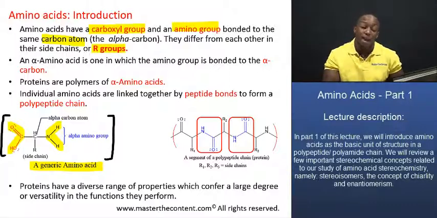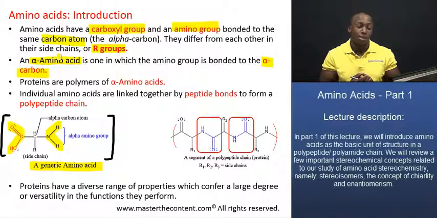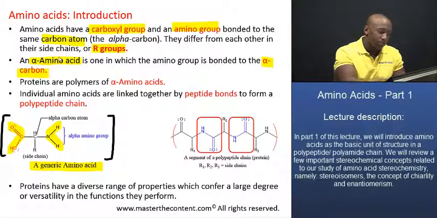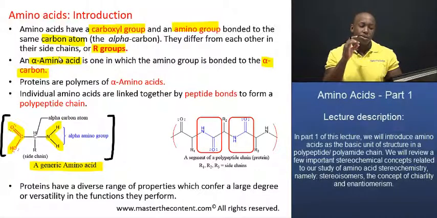Now, an alpha amino acid, we're getting more specific now, is one in which the amino group is bonded to the alpha carbon. If you remember your very basic organic chemistry, you should be able to remember what the alpha position is. The alpha position is basically the carbon that is attached to the highest priority functional group.